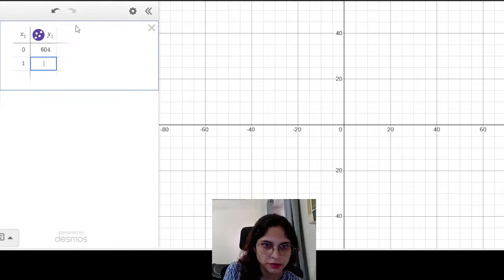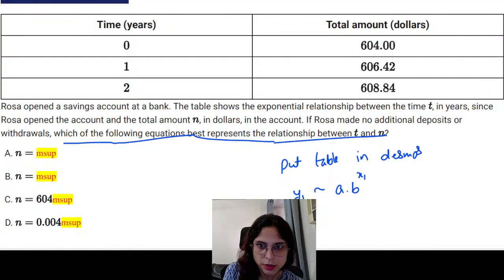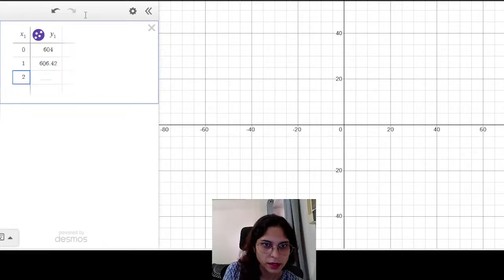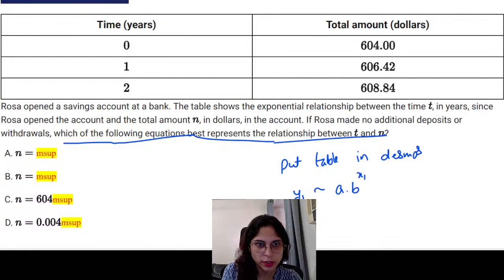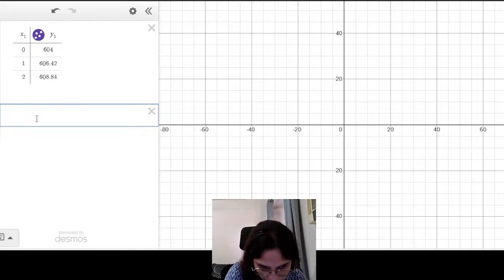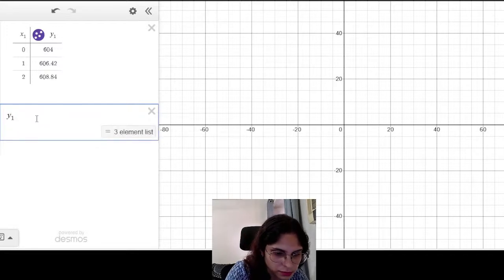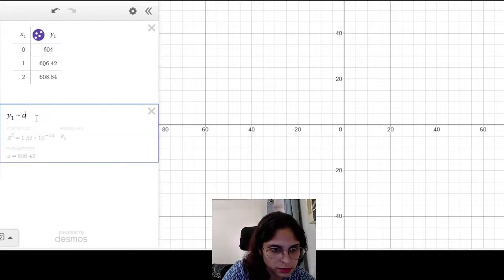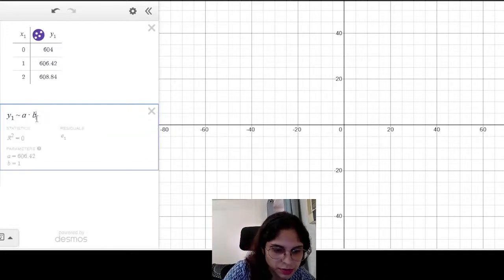Then at 1 the value is 606.42. At 2 the value is 608.84. And now you just write y1 tilde a times b to the power x1.